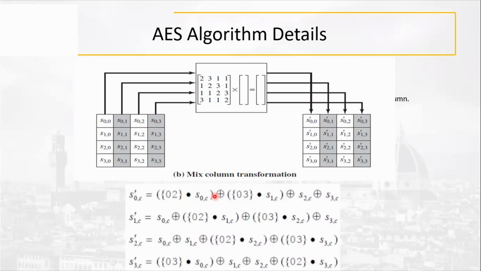These are just representations. What happens here is a multiplication: S00 into 2 plus S10 plus S20 plus S30 into 3. Those things you are adding, and so on.